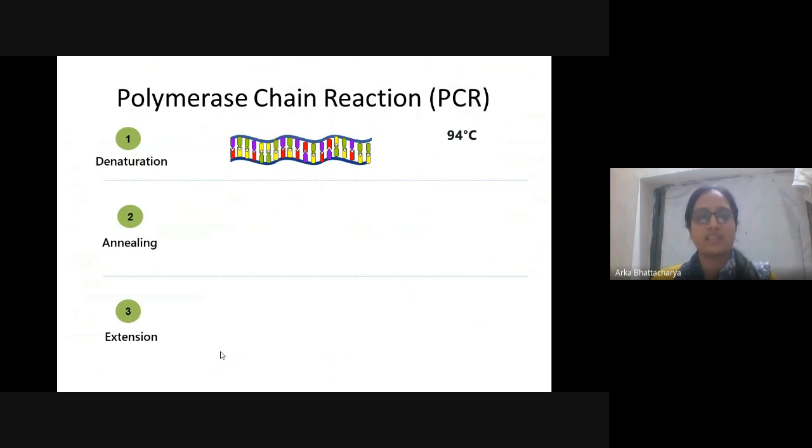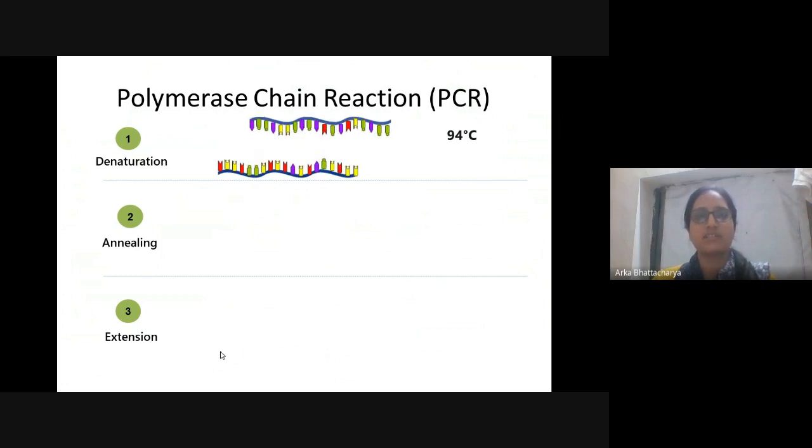So what happens in PCR is it consists of three major steps. First is denaturation, then annealing and extension. So what happens in denaturation? The double-stranded DNA is denatured at a higher temperature, that is 94 degrees Celsius, and it gets converted into single-stranded DNA.